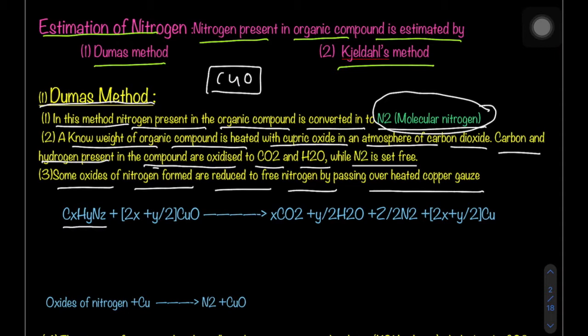Let's suppose we have an organic compound having carbon, hydrogen and nitrogen, with the number of carbon atoms X, hydrogen atoms Y, and nitrogen atoms Z. Heating with cupric oxide, which acts as an oxidizing agent.